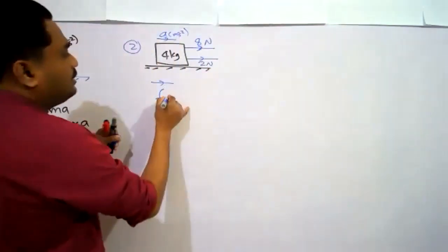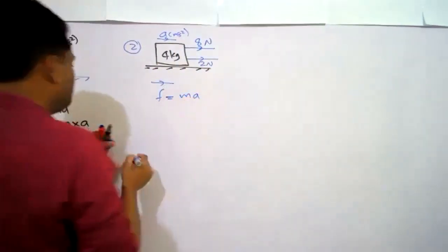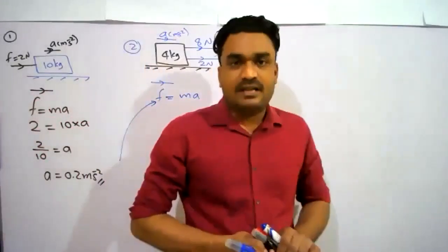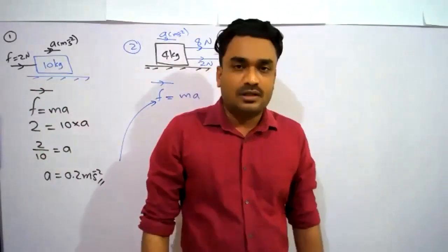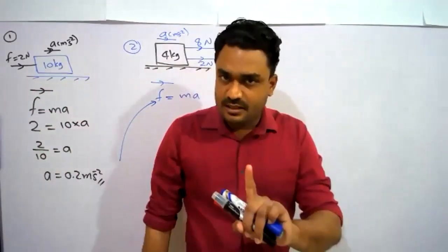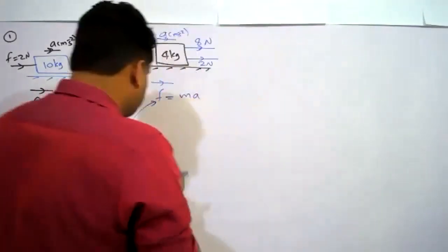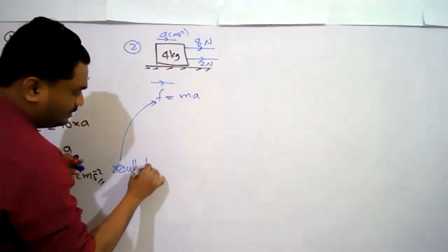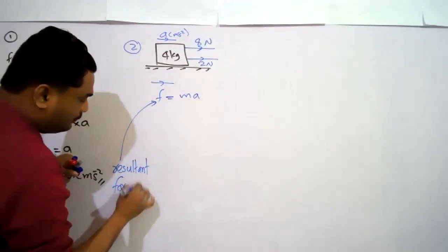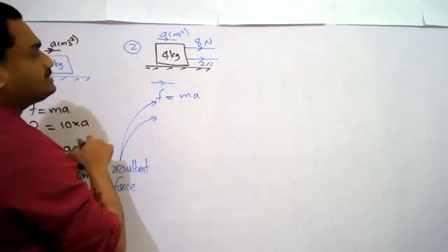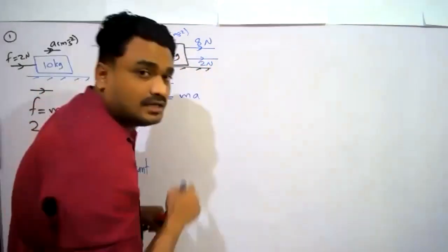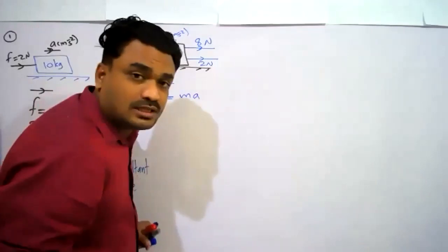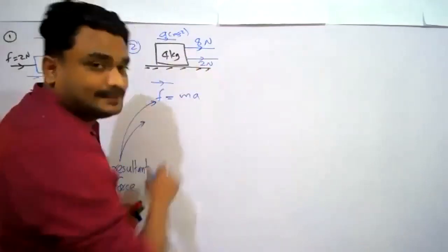So if we apply F equals ma in this equation, F means actually the total force. But the scientific term is not the total force, but the resultant force. The resultant force acting on the object: there are two forces, 8 Newton and 2 Newton, both acting in the same direction, parallel.